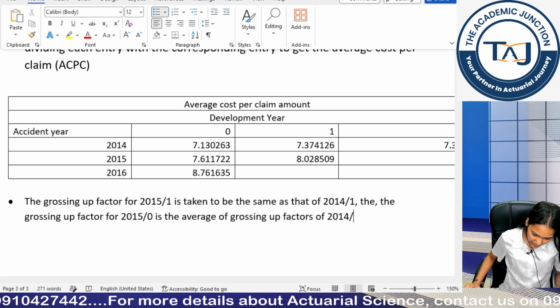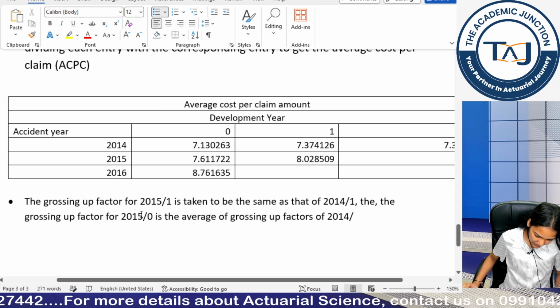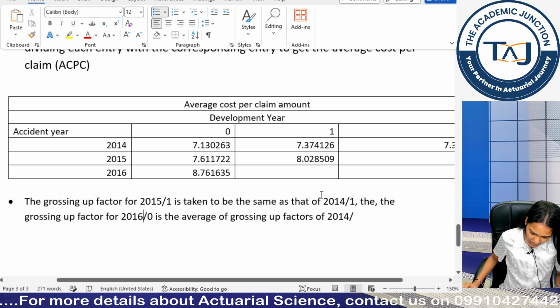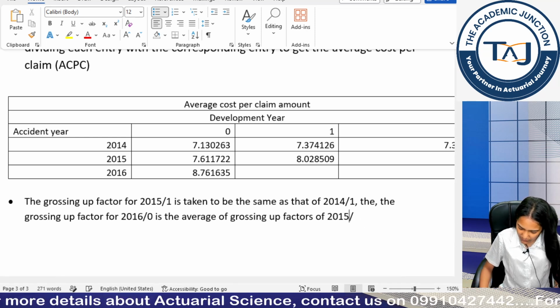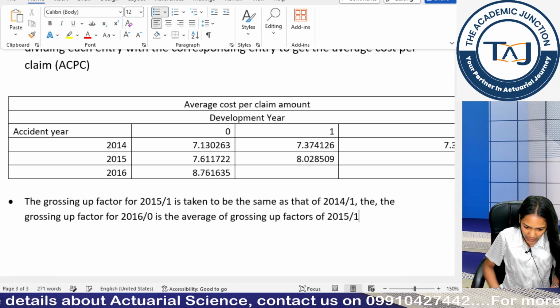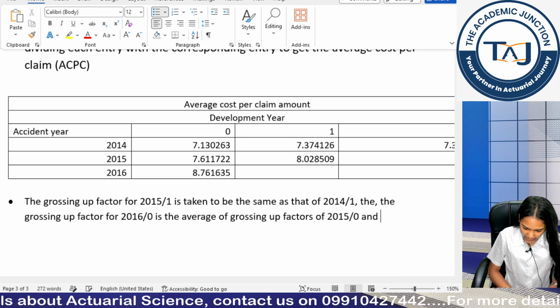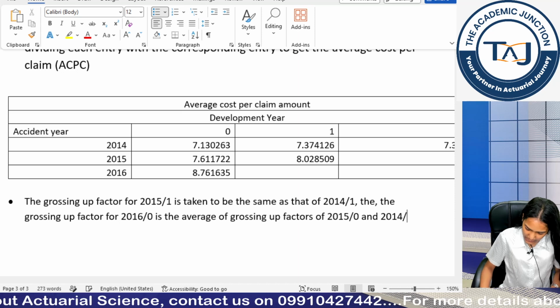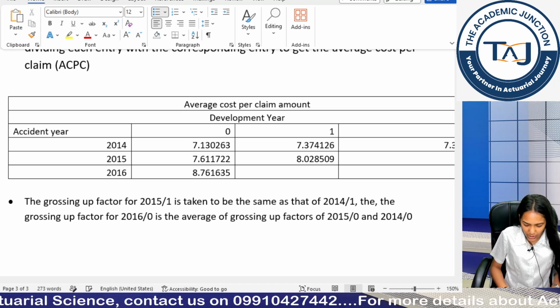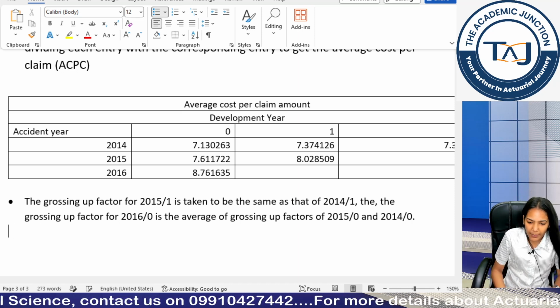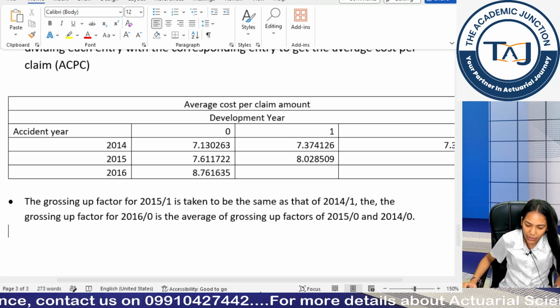Just a second, it will become 2016. Okay, you have to be very aware of the years 2015 1, 2015 0 and 2014 0. Okay, so this is how we do it. So I have also mentioned how I am getting my grossing up factors.